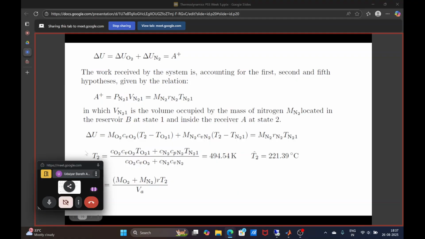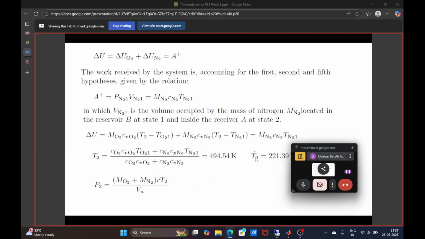Rearranging this, we get the expression for T2. So T2 comes out to be 494.54 K, or in degrees Celsius, 221.39 degrees Celsius.